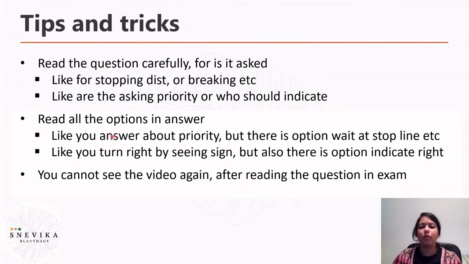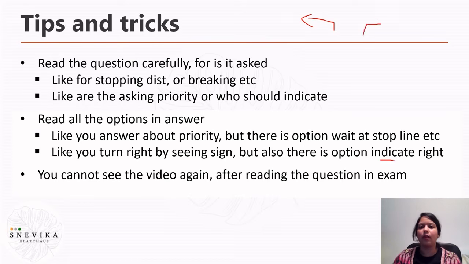And of course you have to read the options, because when you are answering a priority question, you may have already answered who has the priority, but there is something like you have to wait. There is an option like wait at the stop line, so you have to tick that option as well. Or you know there is a sign that you are supposed to turn left, but there is an option to indicate left or indicate right.